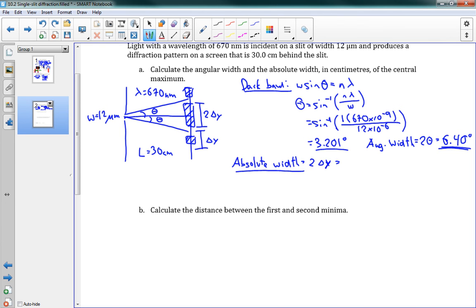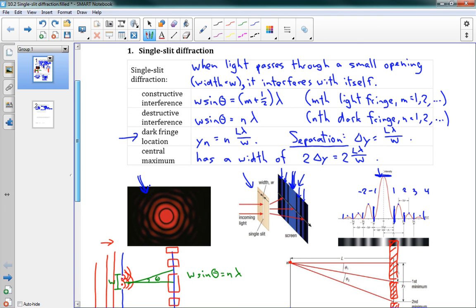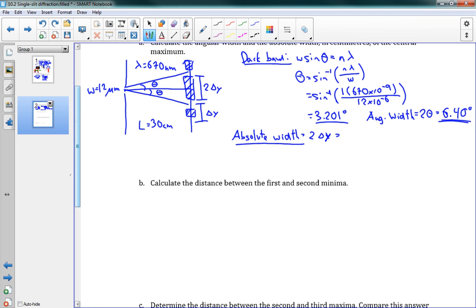And let's see, we can check on our first page again for what delta y was equal to. Well, our central maximum has a width of 2 delta y, which is 2 L lambda over W. Good. So 2 times our length, 30 times 10 to the negative 2, 30 centimeters. Lambda was 670 times 10 to the negative 9.